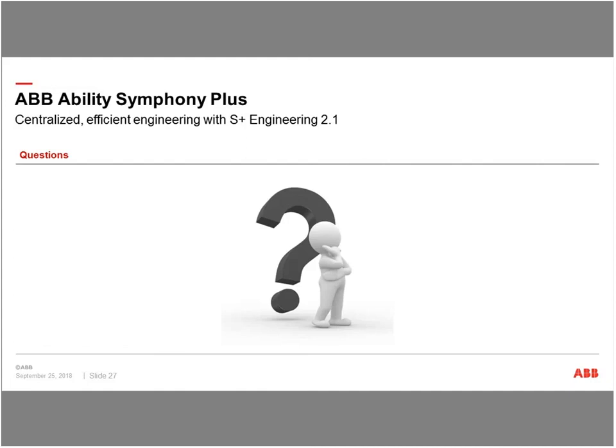Then we have a question about S+ features that require purchasing another license. There are a couple of new features that will require an additional license. The soft controller will require a license, so you need to buy it. And the operation engineering, when you work with operation 3.1, this integrated operation engineering will require a new license.